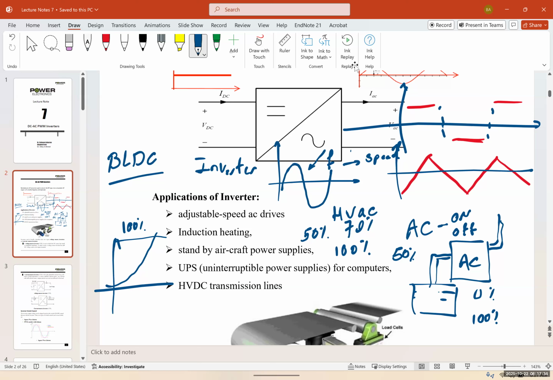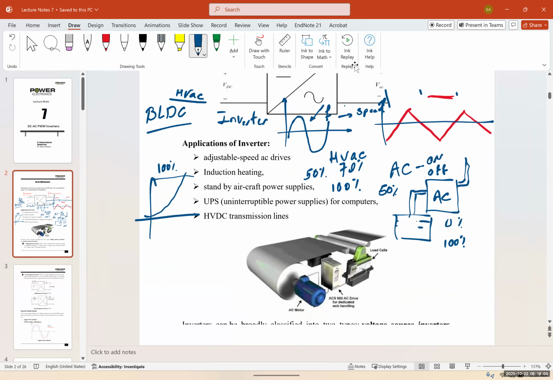And for those, you need an inverter to precisely control the voltage and the output frequency to have a smooth acceleration and to precisely control the speed. So EV and HVAC systems are a huge market right now for inverters.